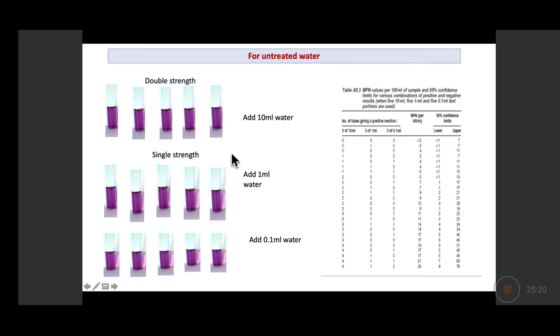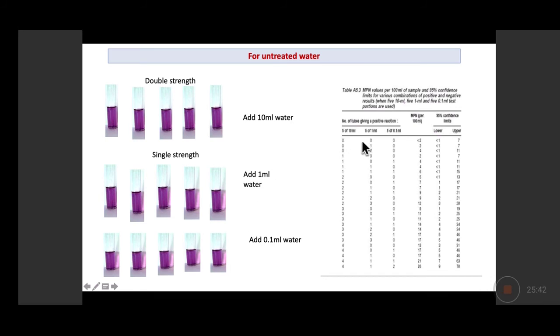For untreated water, we are using 3 sets of tubes. Okay. So in the first set of tubes, we will add 10 ml of water, then 1 ml of water, and then 0.1 ml of water. In the first set, we are using double strength medium, and in the next 2 sets, we are using single strength medium.